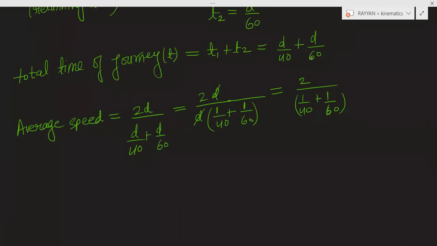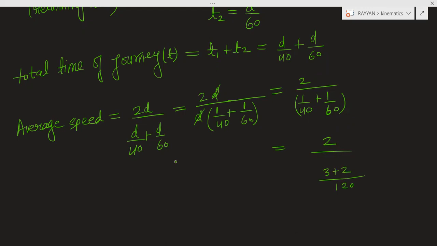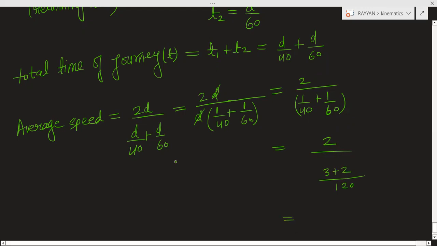So will it be 2 over 120? I'm checking. So this is equal to 2 divided by, here the LCM will be 120. So it will be 3 plus 2, sorry, it will be 2 over 5 over 120.